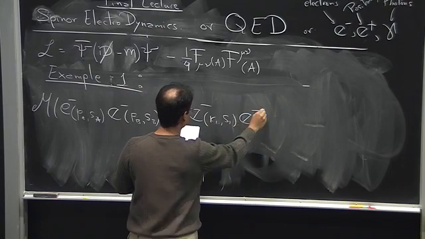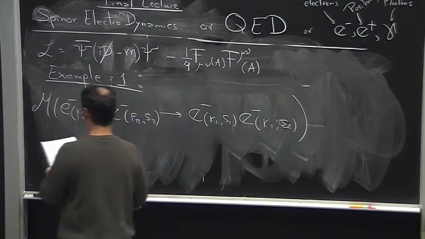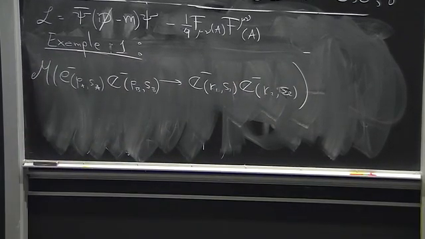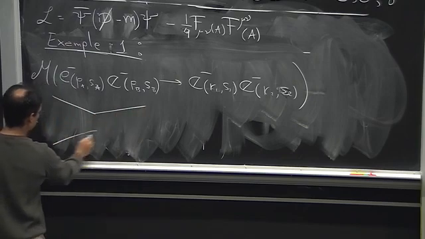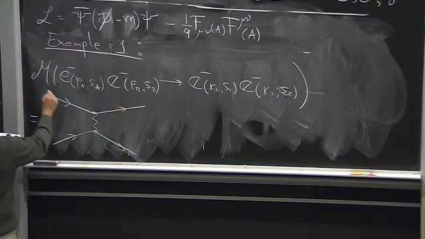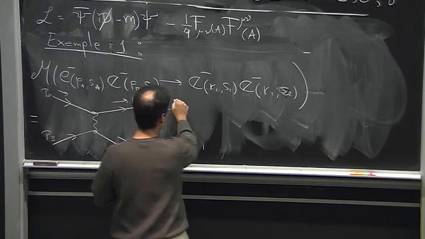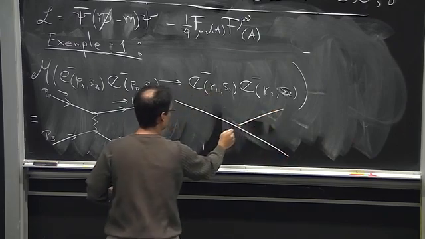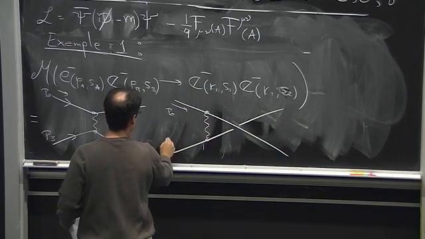At least I'm going to try. Okay, so electron-electron scattering. So what do we get? Feynman diagrams. And the other one, so sometimes people like to draw it like this. It looks nice.